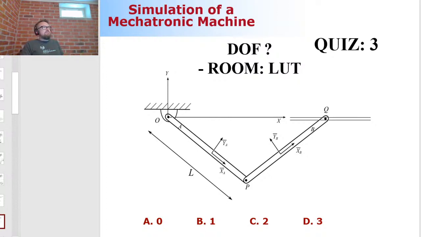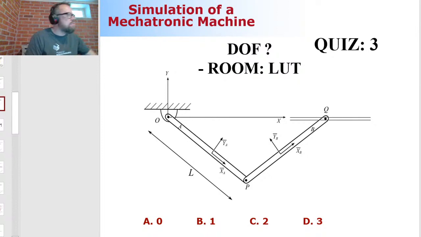I'm going to give you a little bit of time to think about this, but act mechanically. This is a key for success in multibody dynamics and in this course in general. So don't think, but act mechanically, just following the procedure again and again and again.